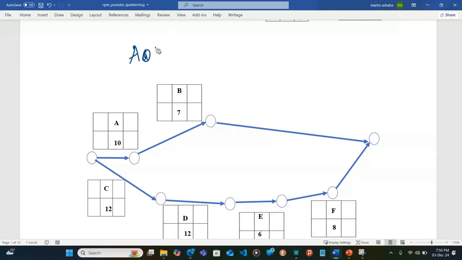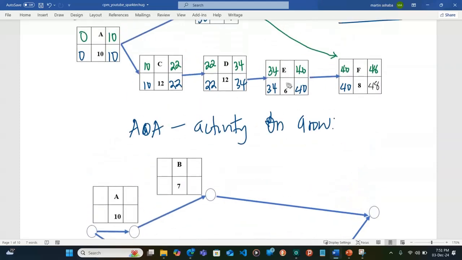So activity on arrow, we can just copy what is here.